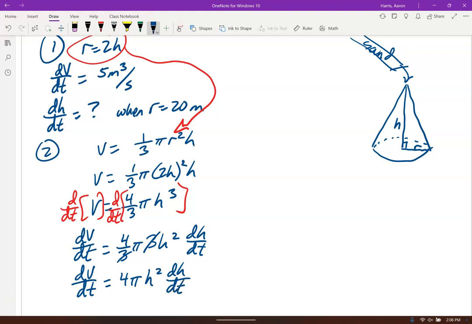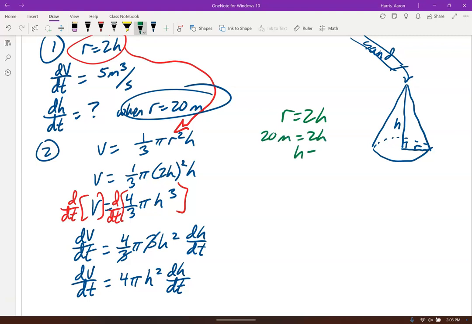Now, we're trying to find it at the moment when the radius is 20 meters. Remember, if r is 2h, and our radius is 20 meters, then our height would be 10 meters. So let's plug that in for our h.